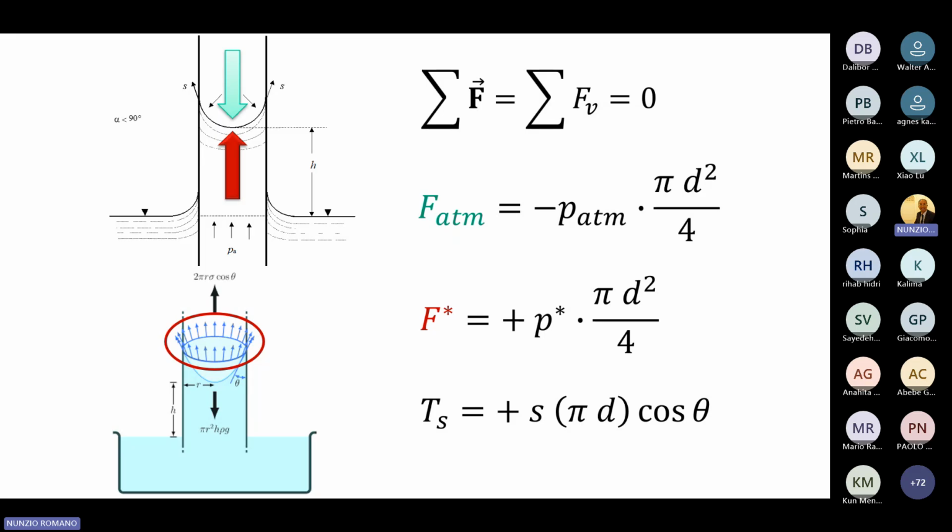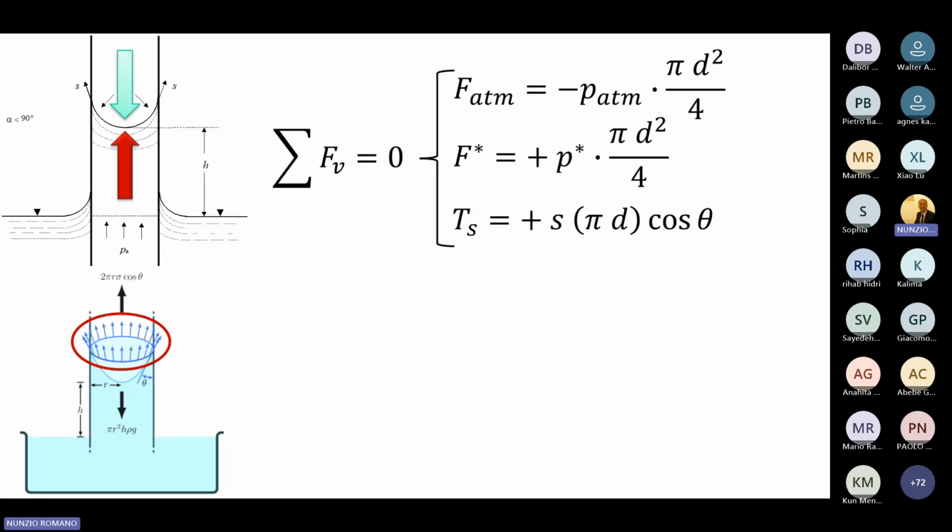The perimeter of the shell is pi d, and we have to consider the cosine of the angle that the spherical shell has with the capillary tube. So we have computed three forces: the atmospheric force, the force due to the pressure just below the meniscus, and the force due to the surface tension. I hope that things are clear.